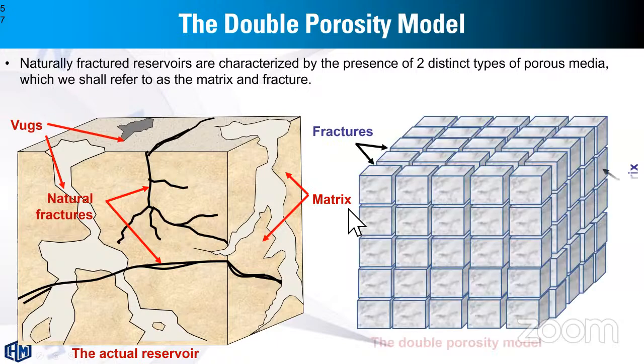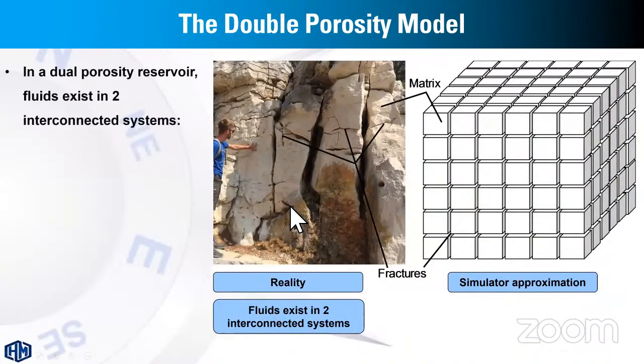So this is typically simulated by assuming the reservoir has two different porous media. The matrix block like this, which is responsible for the storage of fluid, and the fracture network, which represents the connecting channel between the matrix blocks and the bottom of the wells.